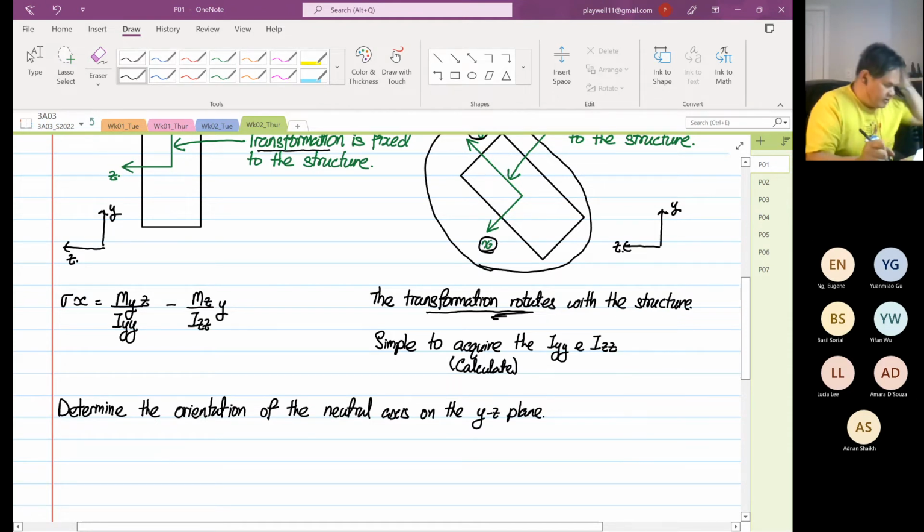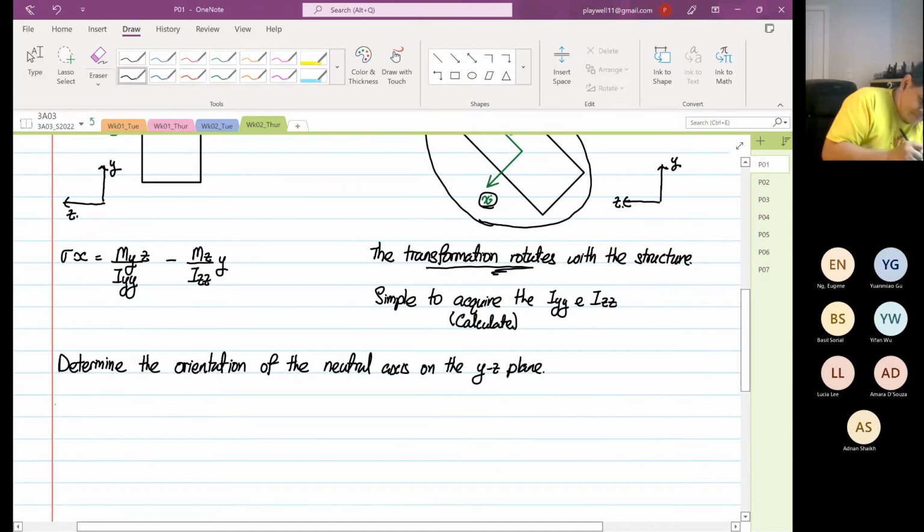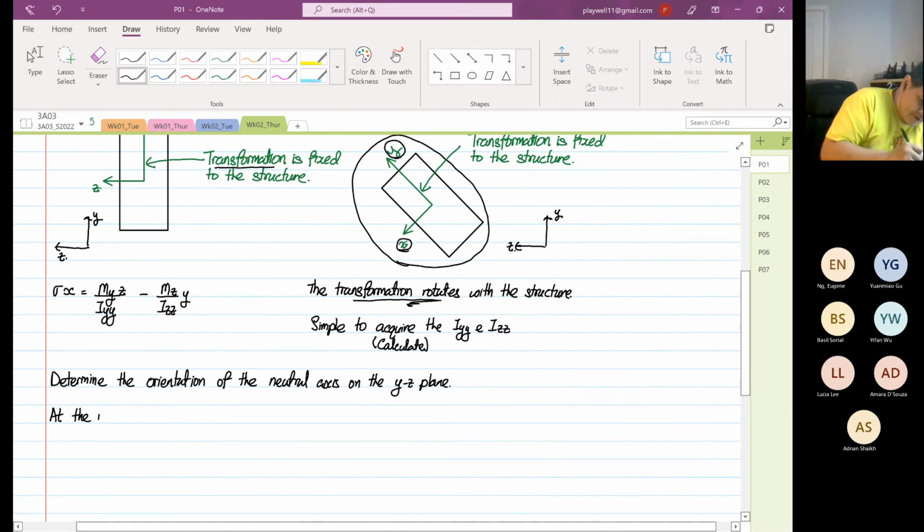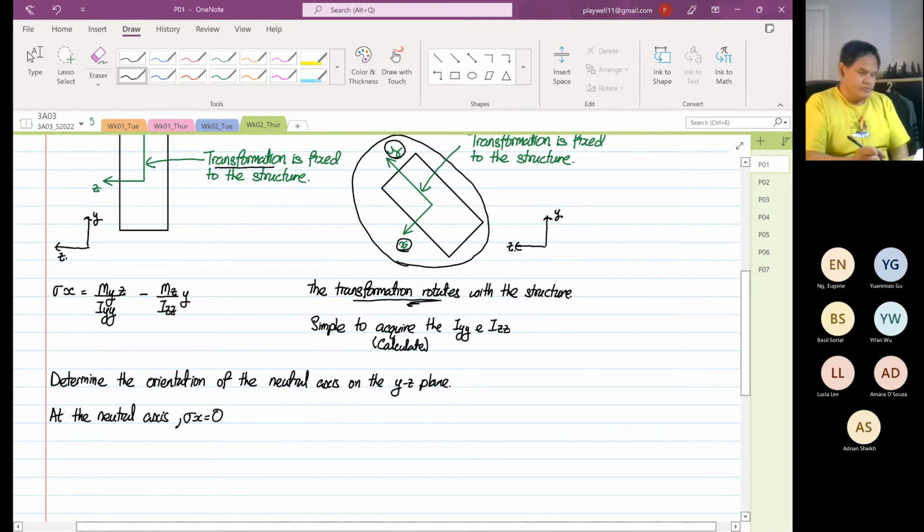By looking at the formula, we are aware that at the neutral axis, stress X is equal to 0.